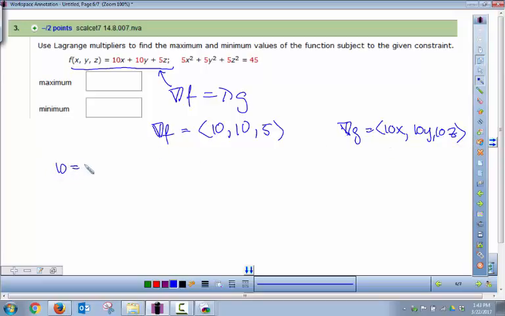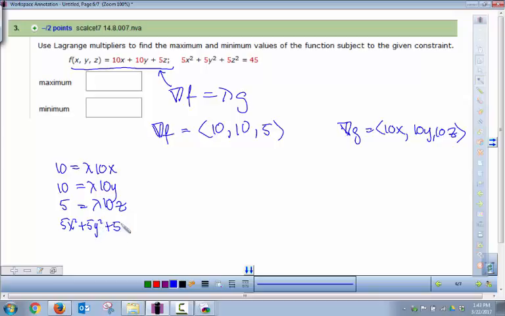You get 10 is equal to lambda times 10x. 10 is equal to lambda times 10y. 5 is equal to lambda times 10z. These are 3 equations, but we have 4 unknowns, x, y, z, and lambda. So our 4th equation is the constraint, 5x squared plus 5y squared plus 5z squared equals 45. All right, so immediately as you're trying to solve for this, we can see lambda is equal to 1 over x.